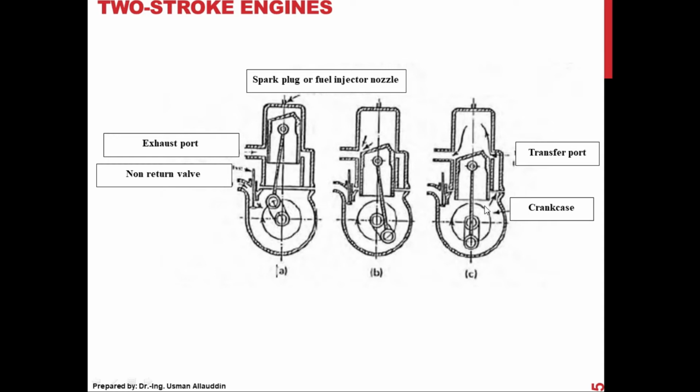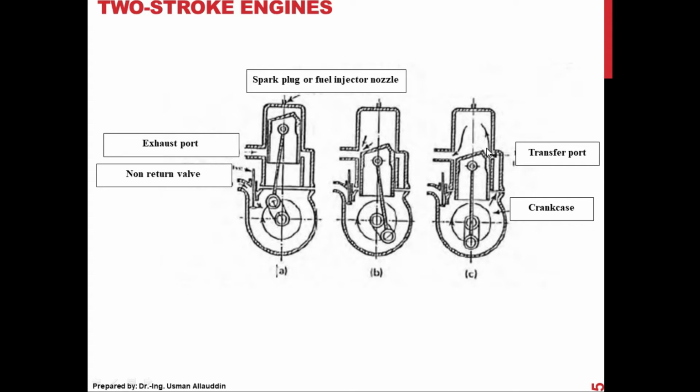As the piston goes up from bottom dead center to top dead center, the air fuel mixture comes through the non-return valve into the crankcase, and due to the movement of the crankshaft, this air fuel mixture is slightly compressed, so its pressure will slightly increase. And when this opening is uncovered, this slightly pressurized air fuel mixture will go into the cylinder.